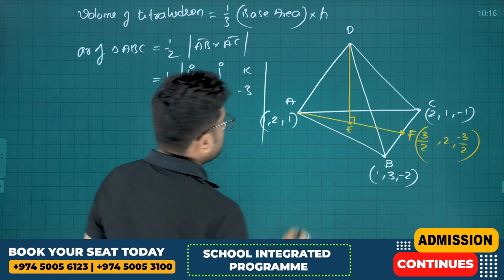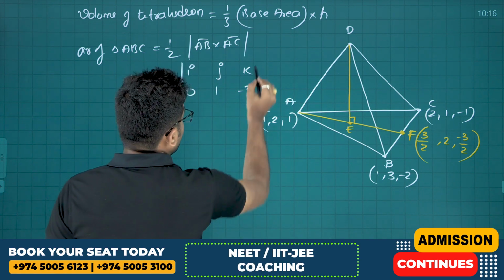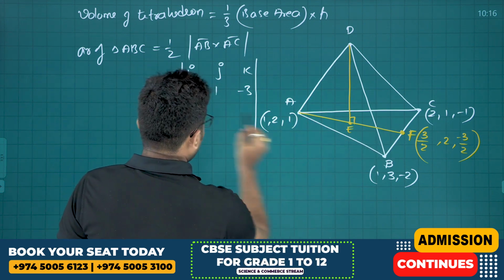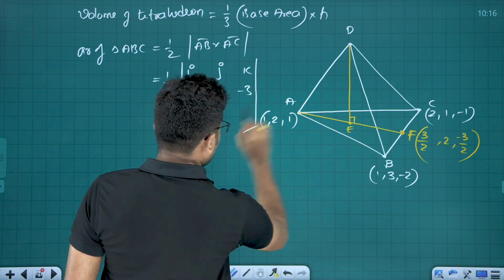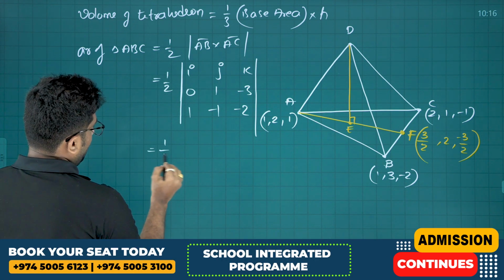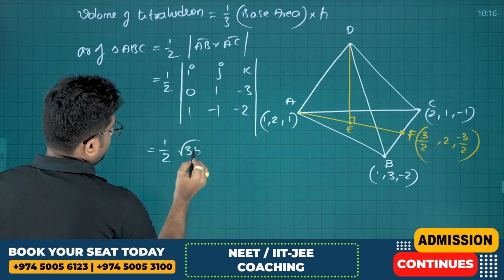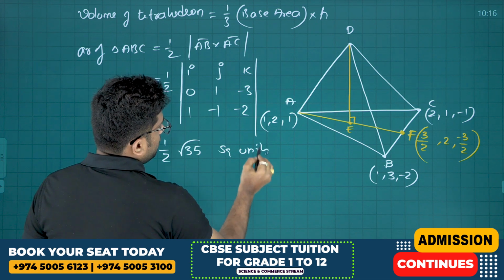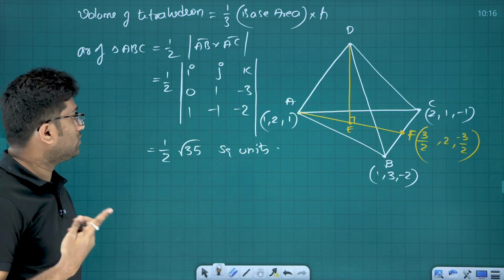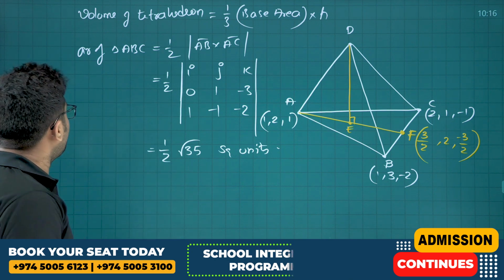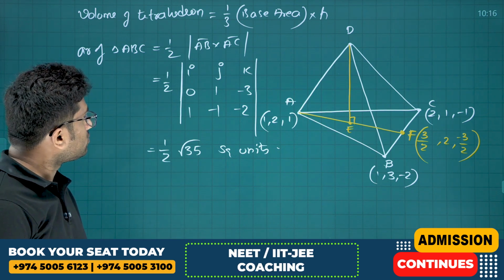AC bar is (2-1), (1-2), (-1-1), which is 1, -1, -2. Just expand the cross product and get the modulus, and you will get root 35. So the area of triangle ABC is half of root 35.